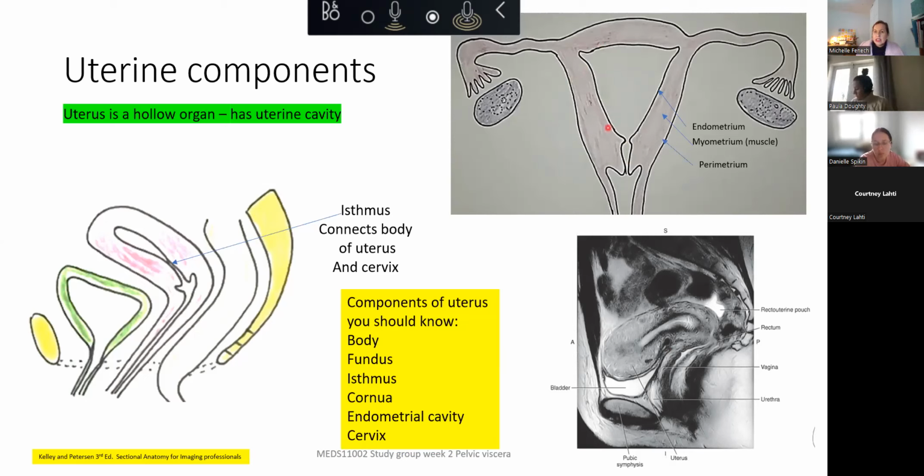Often they release little localized hormones to help stop a pregnancy occurring. So it shouldn't be in the cervix. It has to be passed through the vagina, through the cervix, and it should be placed up in this uterine cavity area. So on ultrasound, we would see it sitting up in this area. We don't want it sitting down here.